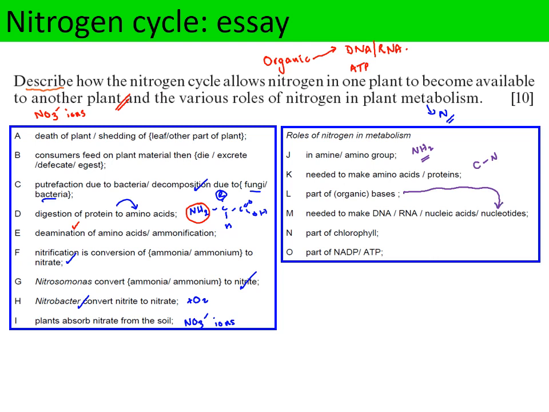We know ATP is also a type of nucleotide, but with 3 phosphate groups. We know it's part of chlorophyll because that's an organic photosynthetic pigment that has nitrogen in it. And actually we could add as well, when you do the respiration topic and photosynthesis topic, the coenzyme NADP, which is a hydrogen carrier needed in photosynthesis, that does contain nitrogen just as ATP does.